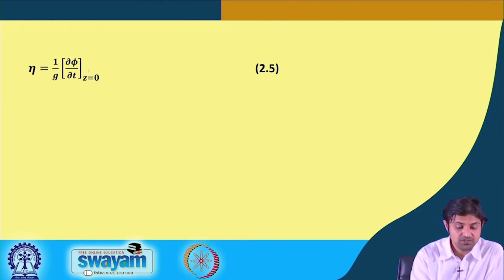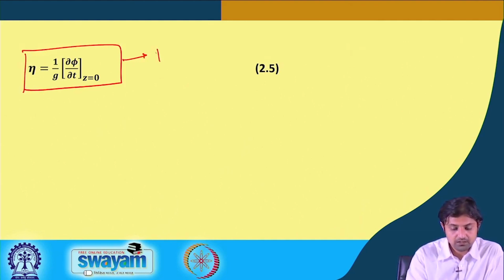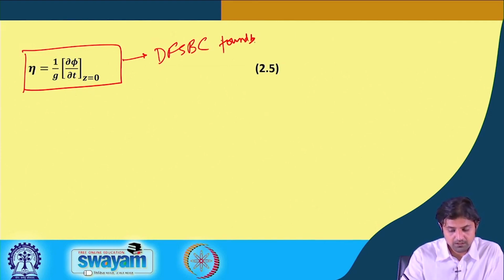Now, you see this is an explicit equation in eta, where if we know the velocity potential, we will be able to find eta.